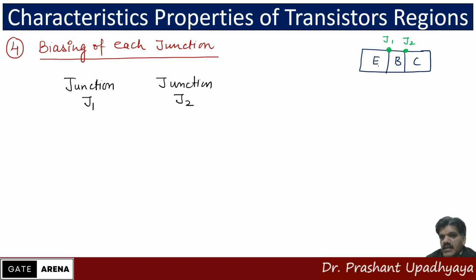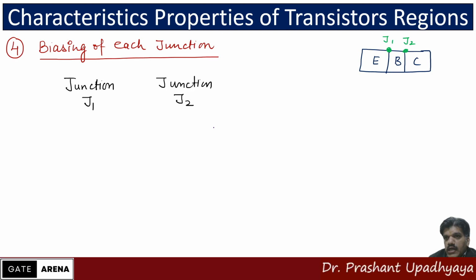whether we are making these junctions forward biased or reverse biased, we can set the mode of operation, and according to the mode of operation we can talk about the applications of each transistor.